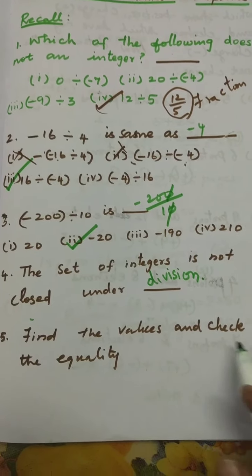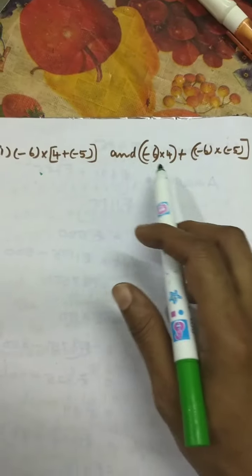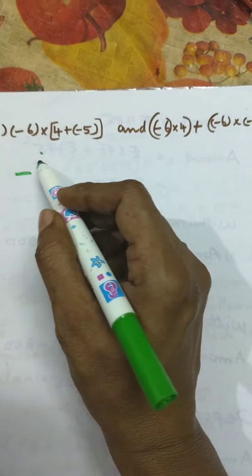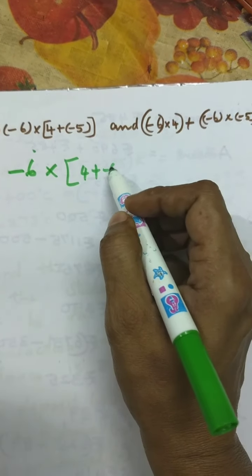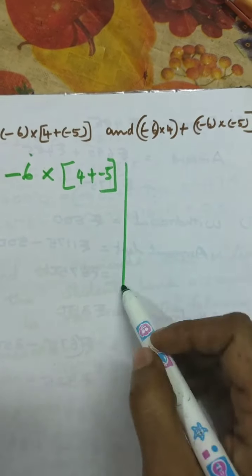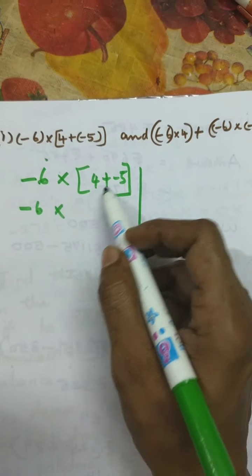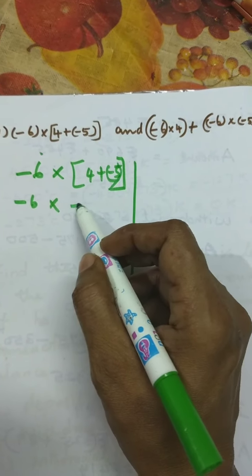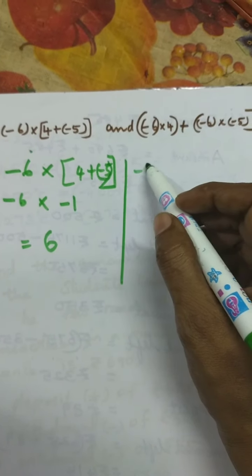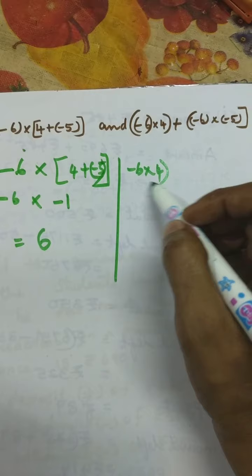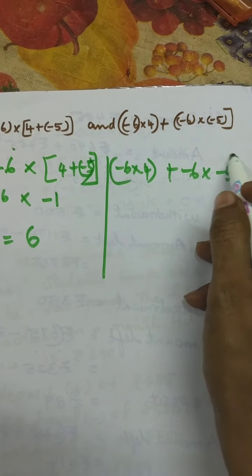Find the values and check the equality. You have to find the values for both. First you take this left hand side, minus 6 into 4 plus minus 5. Okay, this is minus 6 into 4 plus minus 5 is, yes, minus 1. So the answer is 6. Take here minus 6 into 4 plus minus 6 into minus 5.